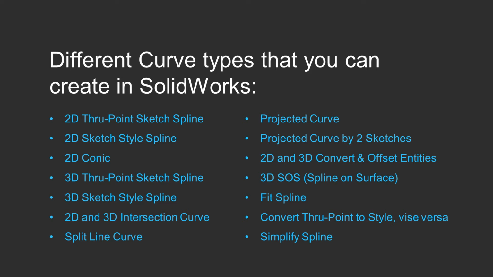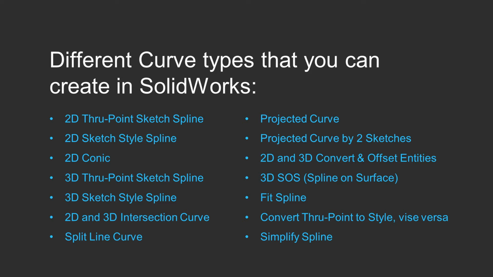You can then take those two sketches and combine them into a 3D curve using this function of projecting by two curves. You can also convert entities from your model into the 2D sketch, both in a 2D sketch and in 3D. You can offset or convert those, and that is a curve type in itself.